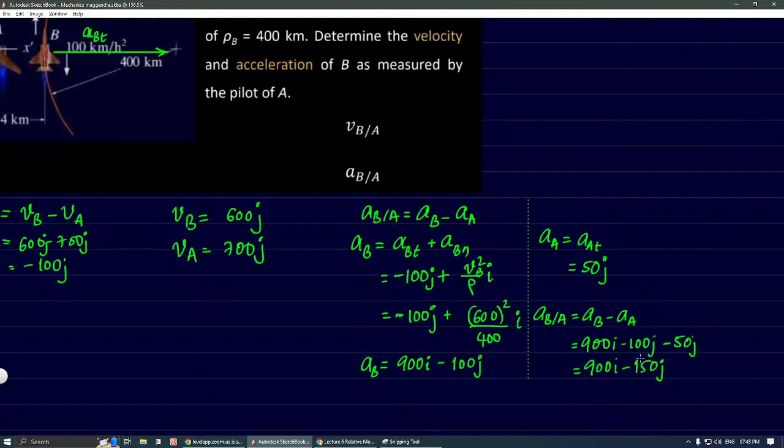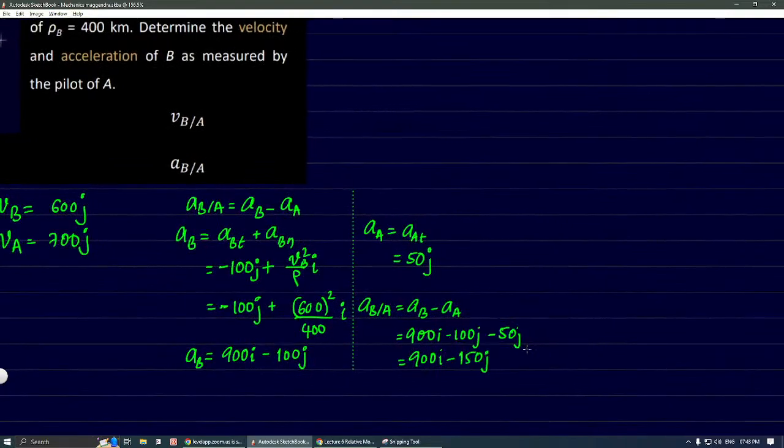And once again, if you want to show the direction, what should we do? X direction is forward, y direction is downwards. So this is 900 and this is 150.